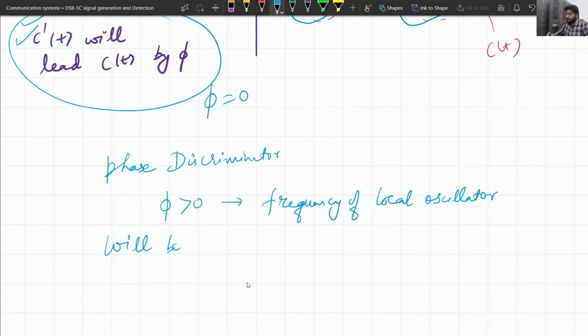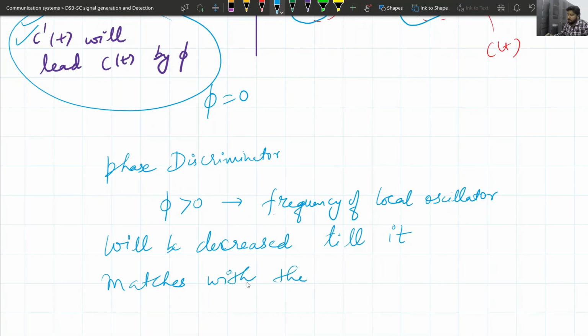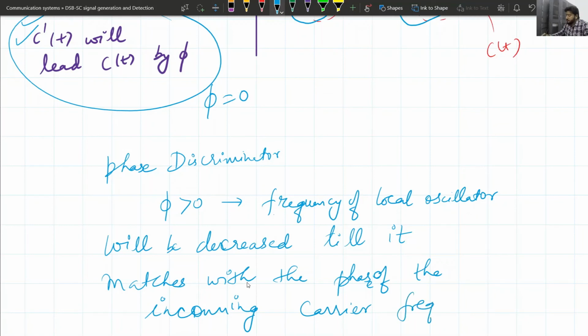The frequency of the local oscillator will decrease till it matches with the phase of the incoming carrier c(t).